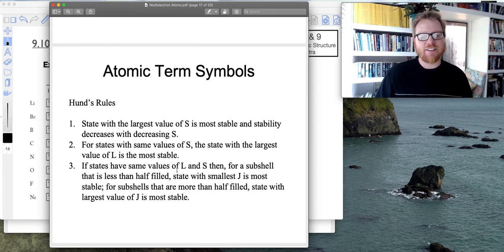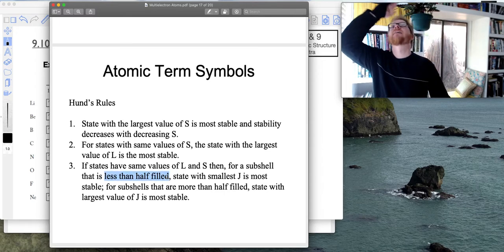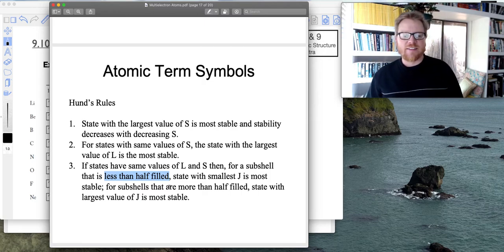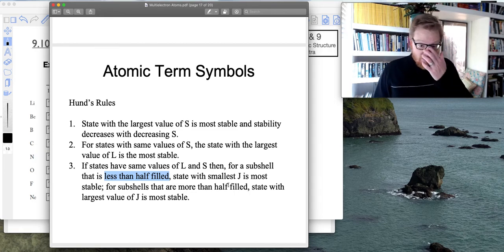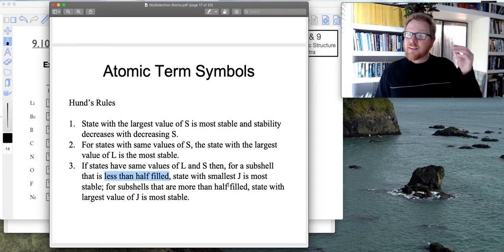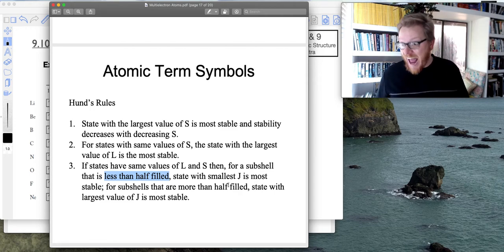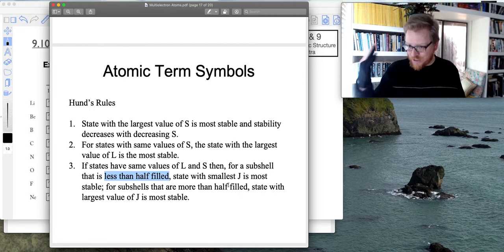So if states have the same value of L and S, then for a subshell that is less than half filled, so we've got to think about this, less than half filled, the state with the smallest J is the most stable. And I already gave you an example of that, the sodium doublet lines. Sodium is exactly half filled, right, with the 3s1.